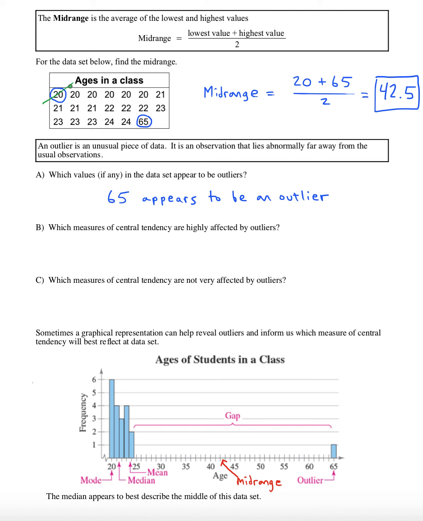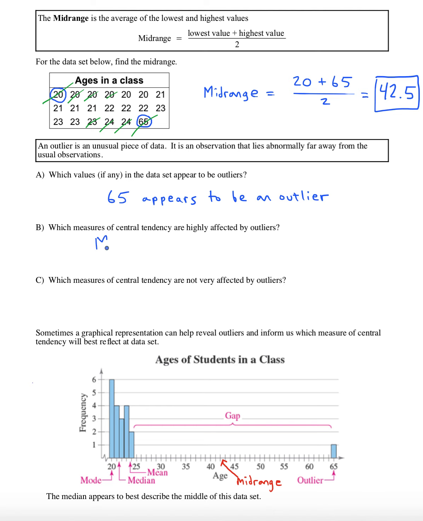When we find a median, we cross off one at the bottom and one at the top, and then one at the bottom, one at the top, and eventually we work our way toward the middle of the data. So the fact that this number happens to be a 65 doesn't really impact the median to a great extent. But check out the mean. The mean got pulled pretty far to the right here from where it would have been if the 65 wasn't there.